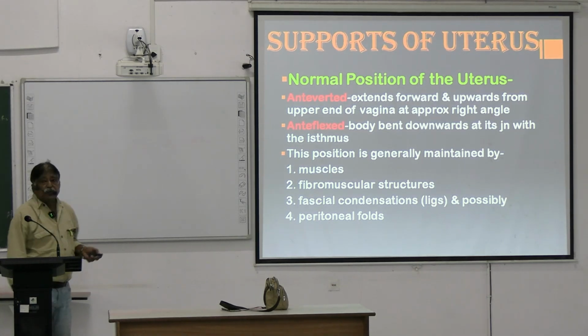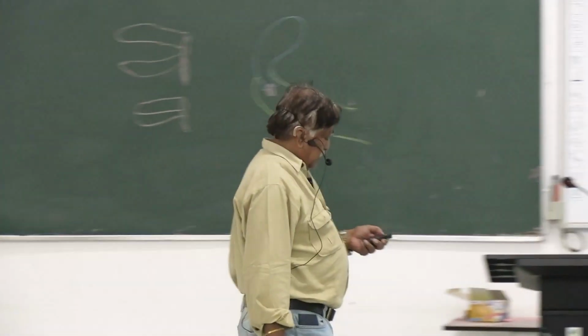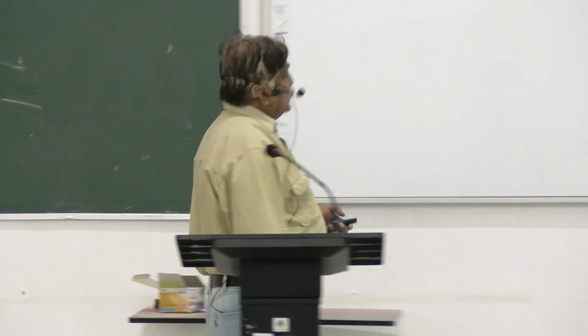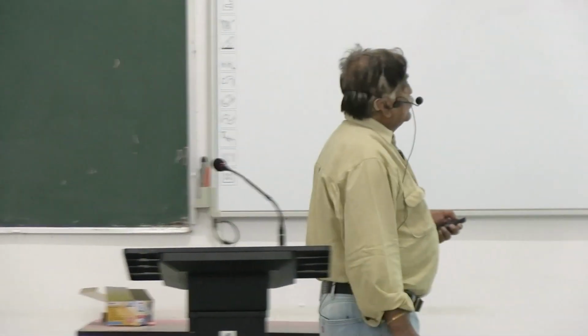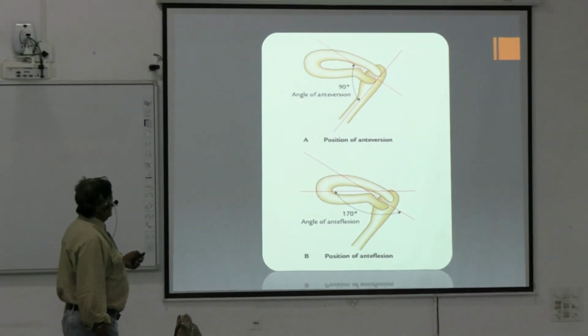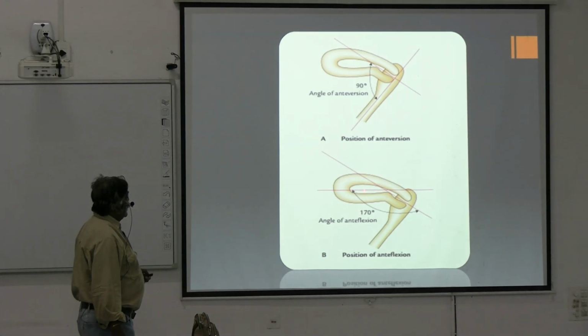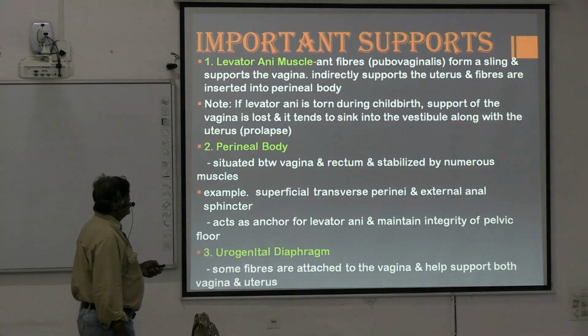Now, this can be a question of 10 marks: supports of the uterus. This is the position of anteversion, a 90 degrees angle of anteversion. Here is the cervix, and anteflexion, 170 degrees position of anteflexion.